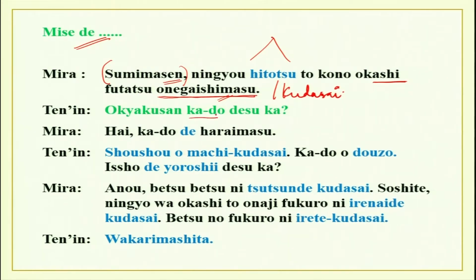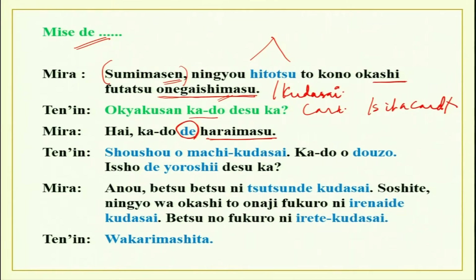Now, kado is card. Are you going to pay by card? Kado desu ka? This does not mean is it a card? No, it means are you going to pay by card? Hai, kado de haraimasu. This is very clear from here. Kado de haraimasu. So, you have done de in various ways.